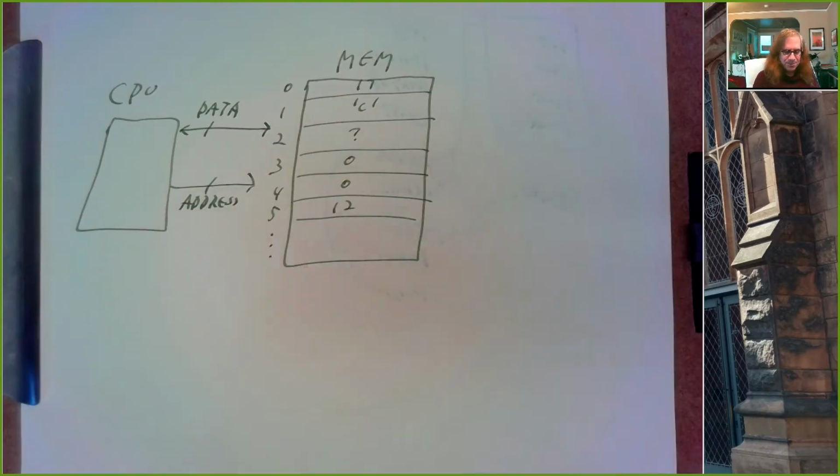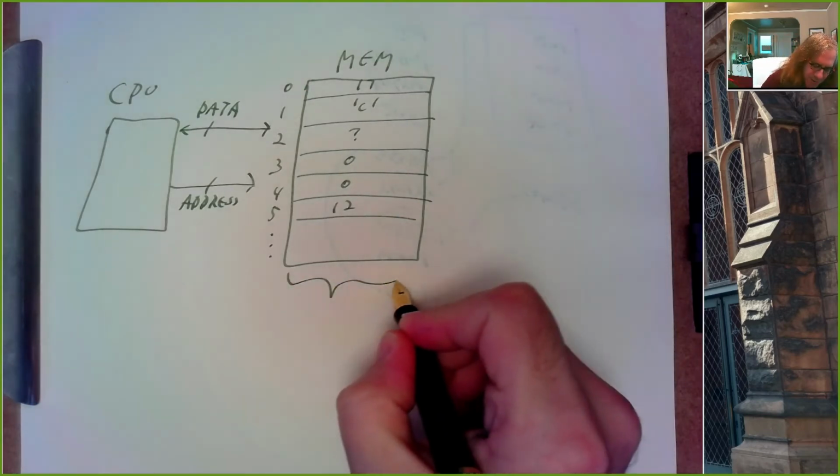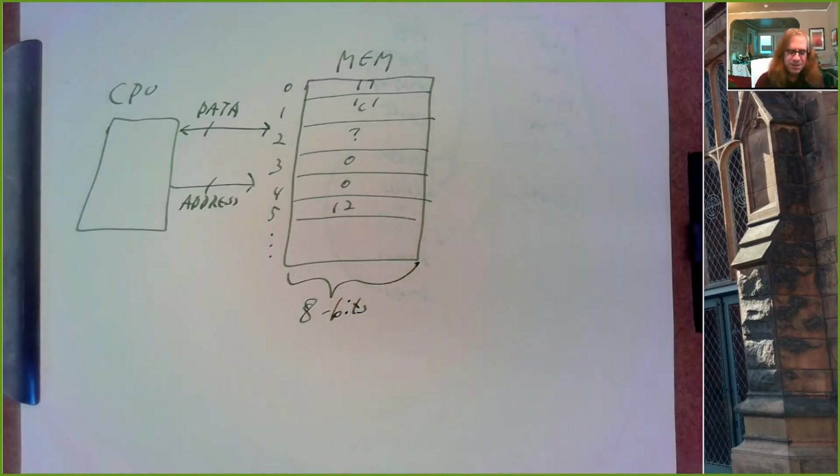All right, so we have these different types of data. We have integers, we have longs, we have floats, and so on and so forth, and they all get stored in this memory. The first thing to note is that this memory is basically 8 bits wide. Now it's physically wider than that, right?